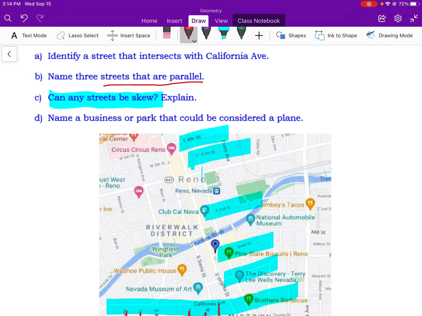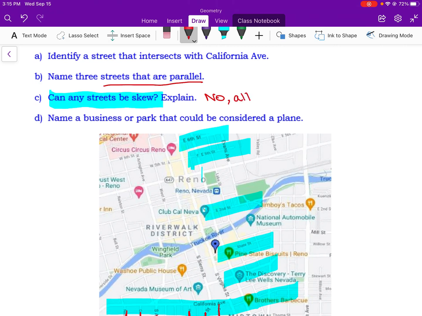Asking if streets can be skew. Remember, skew is saying that they are at different planes. They're in entirely different planes and they're not parallel. So there's no way that 2 streets can be skew because all of my streets are hopefully in the same plane, in the world that we live in anyway.